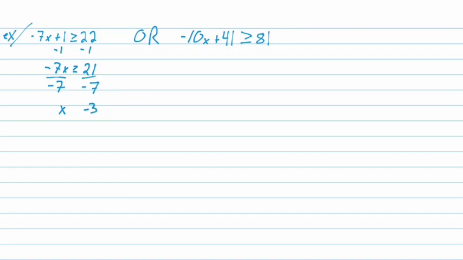When I multiply or divide by a negative, I switch that sign. Don't forget that. Common mistake. Over here, I'll subtract over 41.